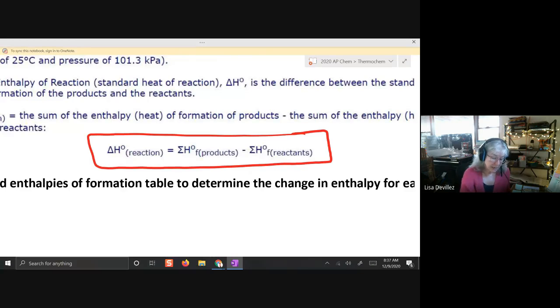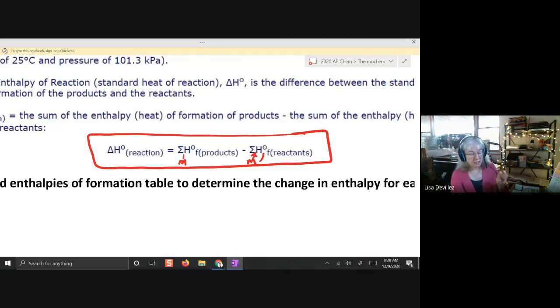Usually in this generic equation, it'll have a variable in here. I think a lot of times it's M, which essentially means that if there is a coefficient on that particular product or reactant, you're going to multiply the delta H of formation by that coefficient.